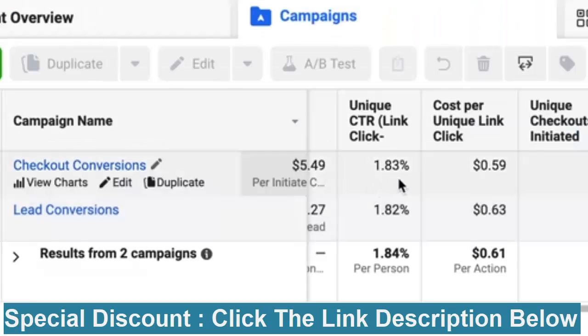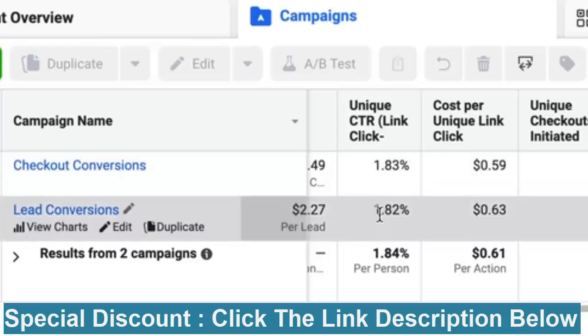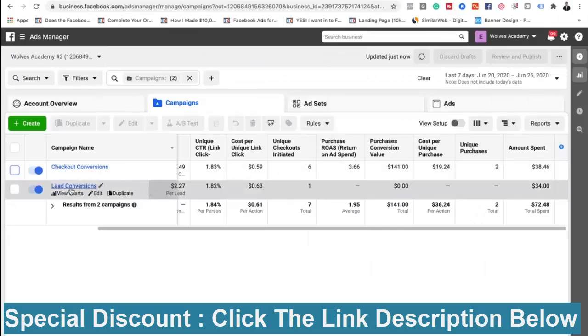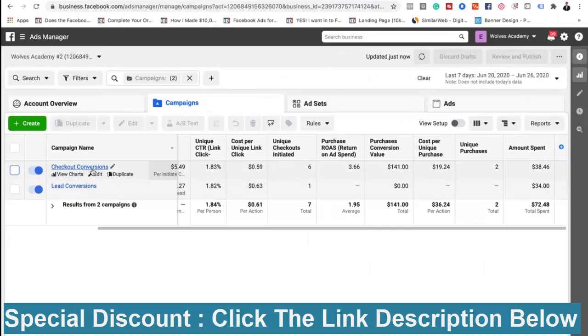The click-through rate is pretty similar, 1.83%, 1.84%. But the big difference is the actual campaign, right? Checkout conversions, lead conversions. Facebook is going to optimize your ads for the actual conversions you're looking for. So while this one's optimizing for leads, this one's optimizing for checkouts. So that's why this one has more checkouts, I'm assuming, right?